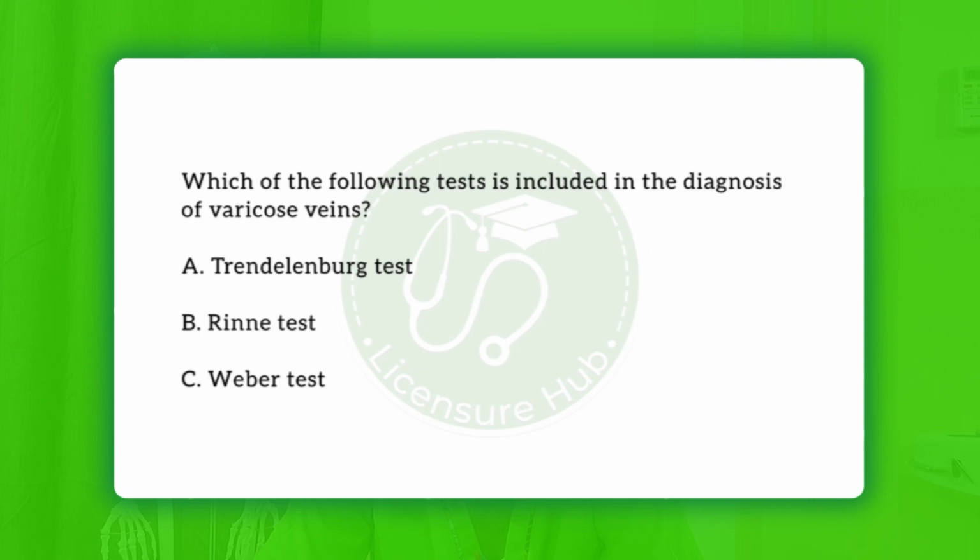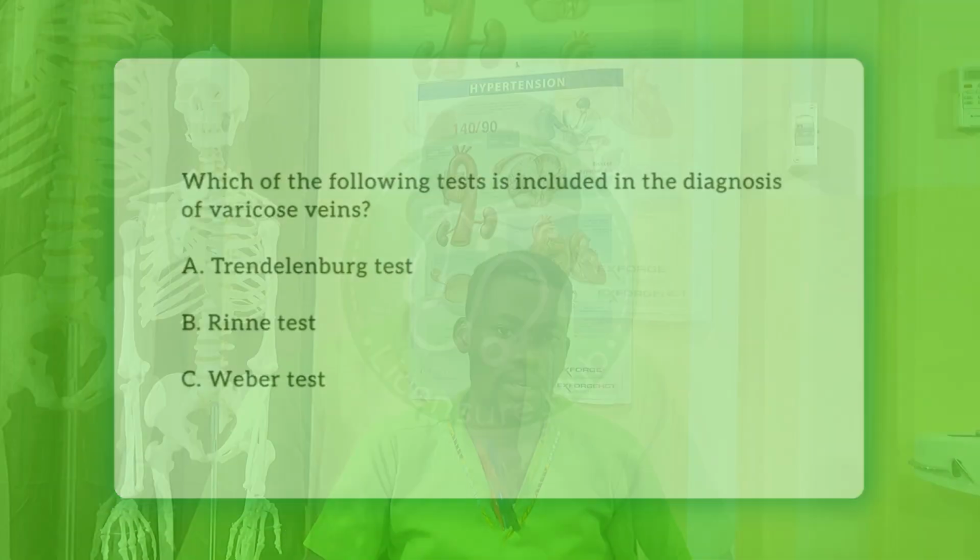A. Trendelenburg test, B. Rinne test, and C. Weber test. Varicose vein has been mentioned in this question. One may ask, what is varicose vein? Varicose veins can be defined as defective valves in a vein.